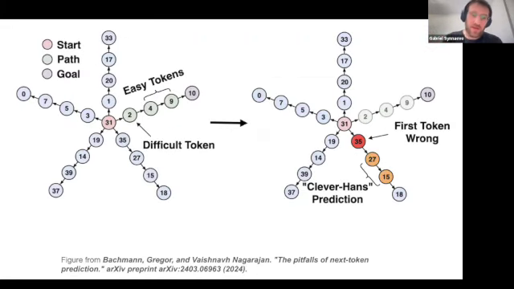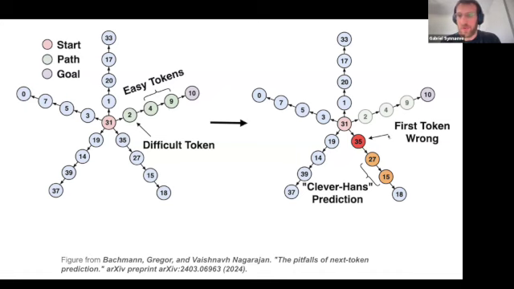This has been studied by a very interesting paper called The Pitfalls of Next Token Prediction by Bachmann, Gregor, and Nagarajan, who are also studying that. If you start at token 1 here, you have different paths you can go down, right? Let's say those are easy tokens, and this is a difficult token.